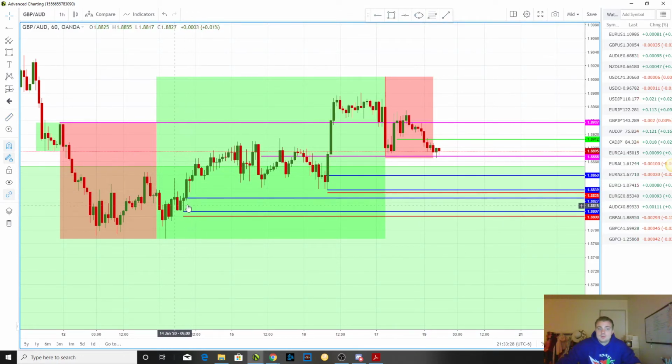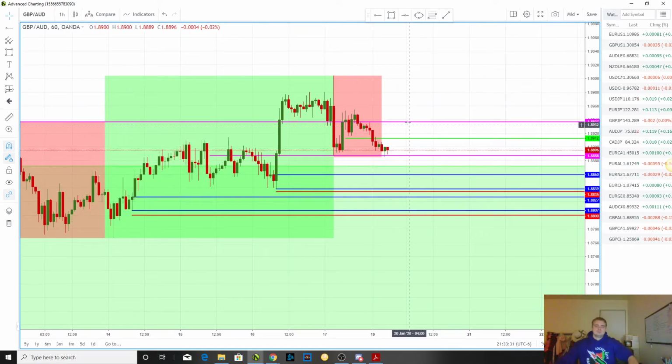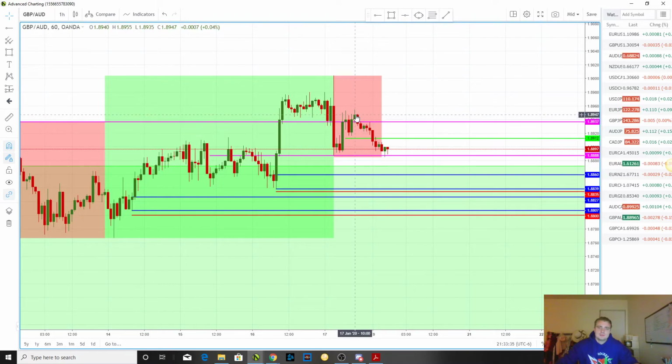So I feel like this is going to be the one. So, yeah, that's our breakout. Well, technically you could argue that there's no close above there. This has a close below this candle, and then this has a close above this candle. This is the breakout. That's the nearest area of supply, so we have to keep our targets above that.